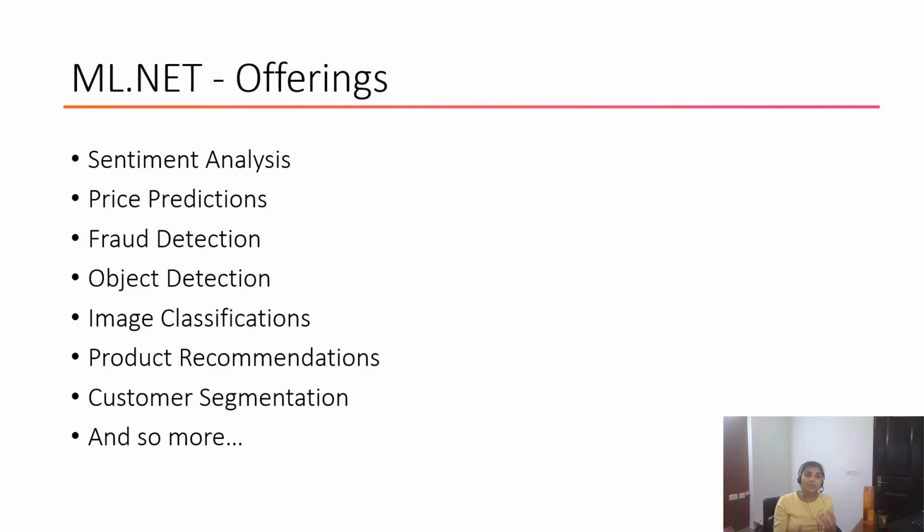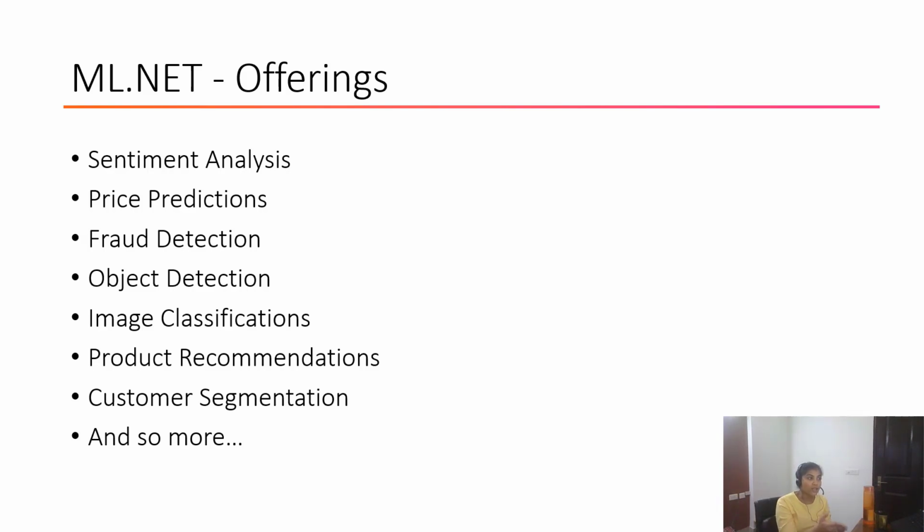So we have sentiment analysis, where you can analyze the sentiment of the customer reviews using a binary classification algorithm. We have price prediction, which is basically used to predict fares based on parameters such as how much distance you are traveling, if you have ever used Uber. And in the background, it uses a regression algorithm.